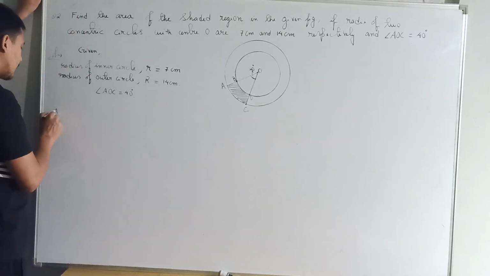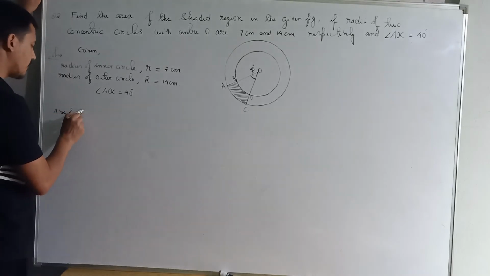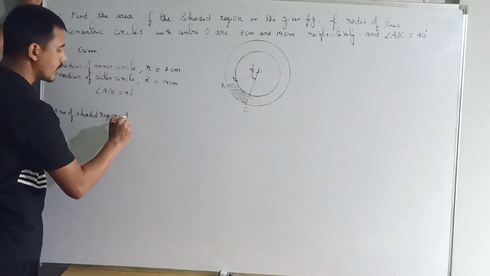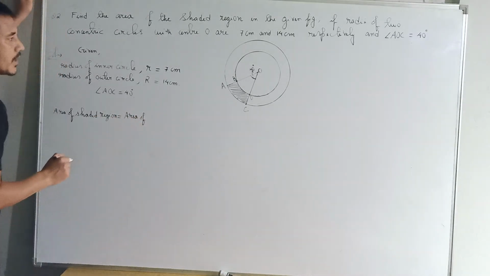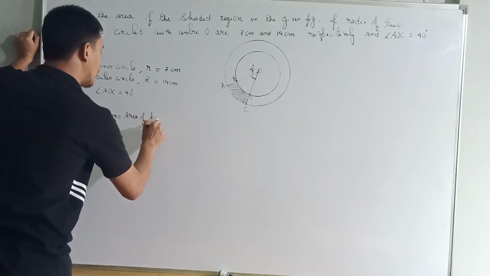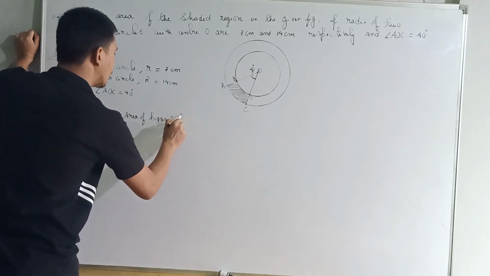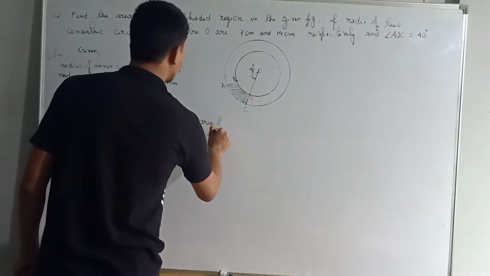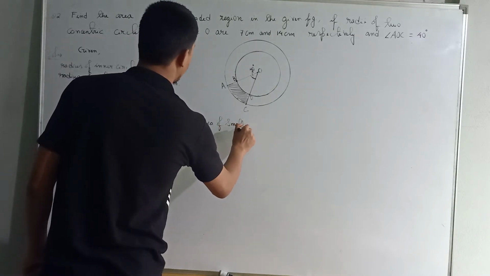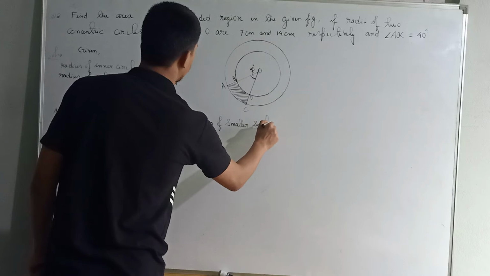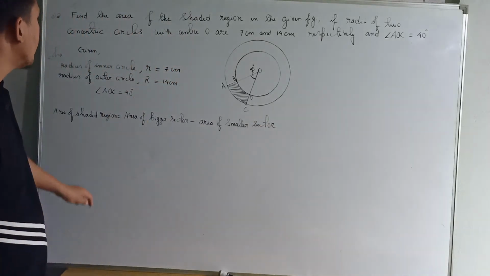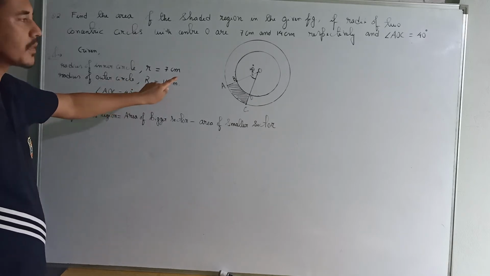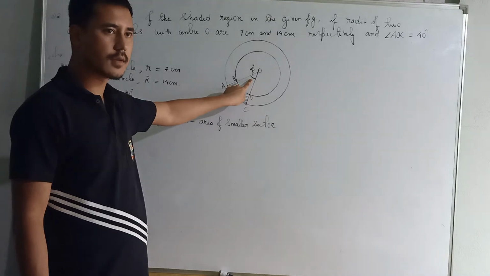So the area of the shaded region will be given by area of bigger sector minus area of smaller sector. The bigger sector has radius 14 centimeter and the angle of the sector is 40 degrees.